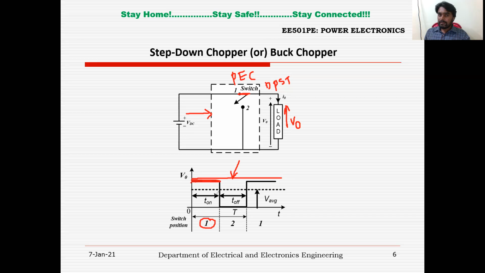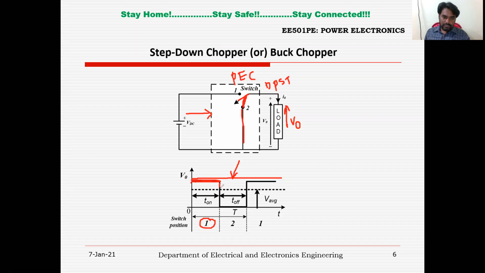That is why you can see some voltage across the load. Then if I want to get zero voltage across the load, you can move the DPST switch to position number 2. Then the load is completely isolated from the source, and the load is short circuited by this wire. You know the short circuit voltage equals 0.